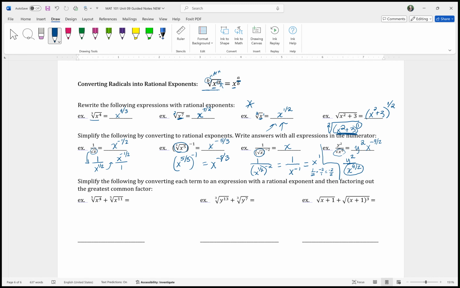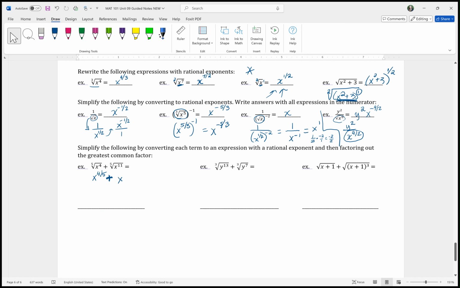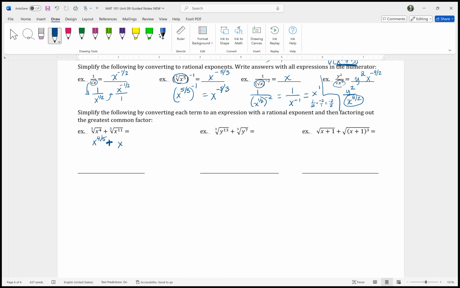Fifth root of x to the 4th is going to be x inside over outside, so 4 over 5, plus x inside over outside, 11 over 5. Okay, so we have x to the 4/5 plus x to the 11/5.